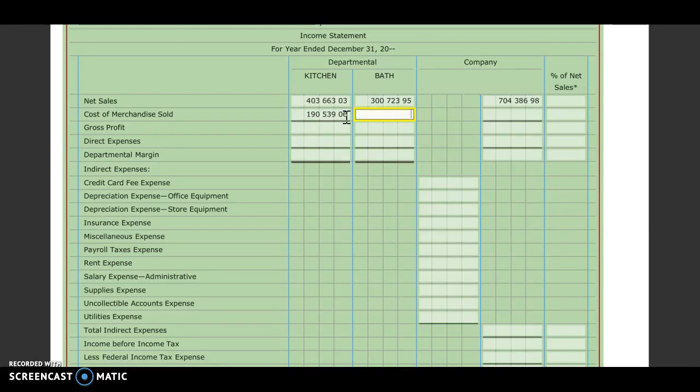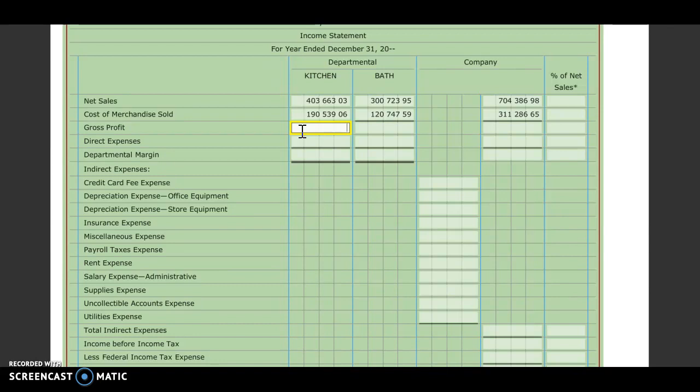And bath, 120,747.59. Add those two together to get my company. I should get 311,286.65.